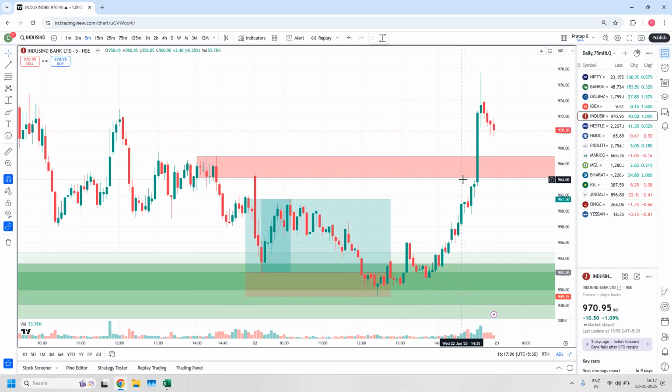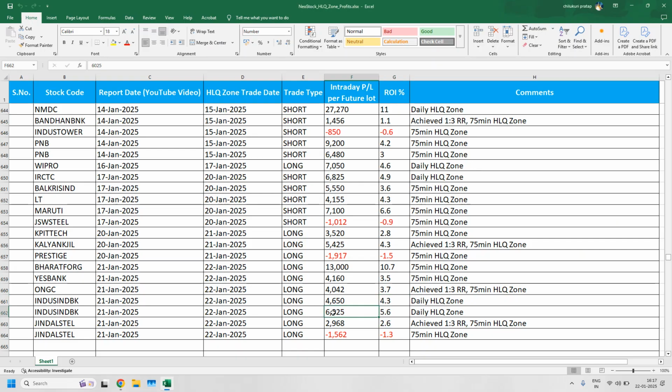But the second time it reached the 15 minutes target. It has given a profit of 6,025 rupees, which is a 5.6% ROI, not RR. You got a 5.6% return on the investment as per one futures margin cost.